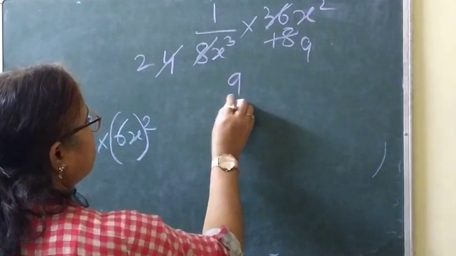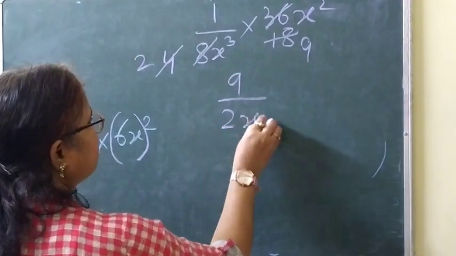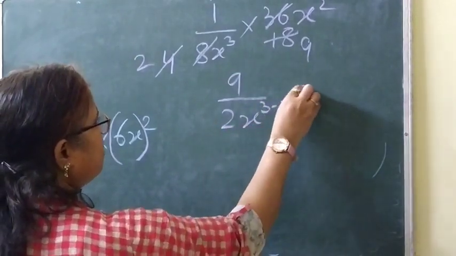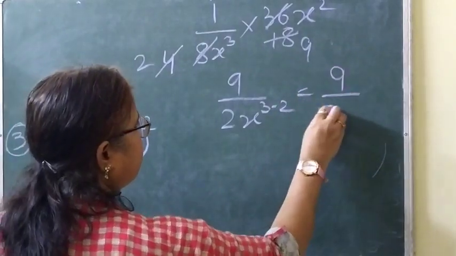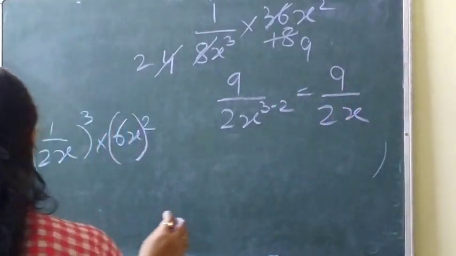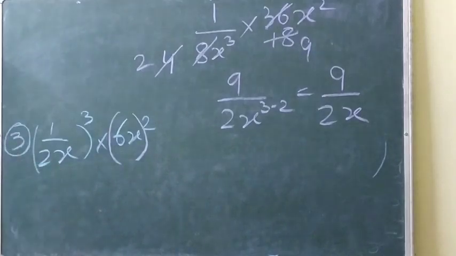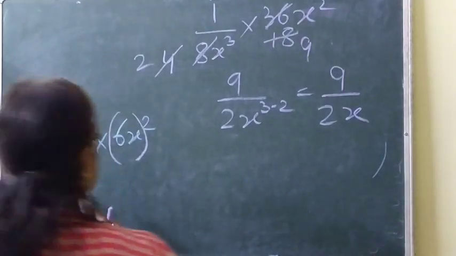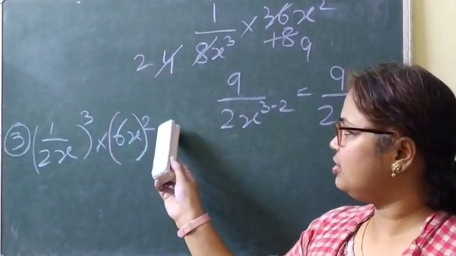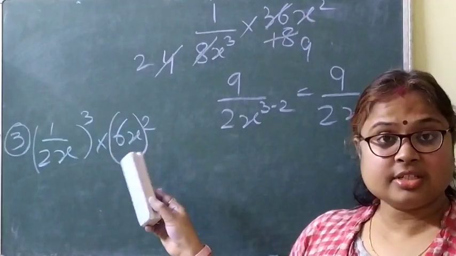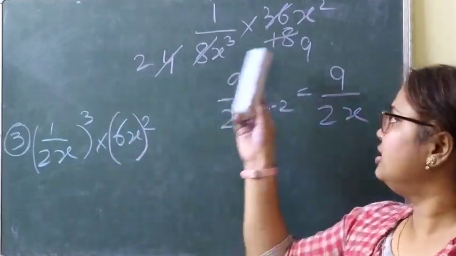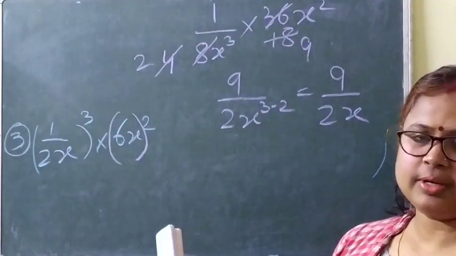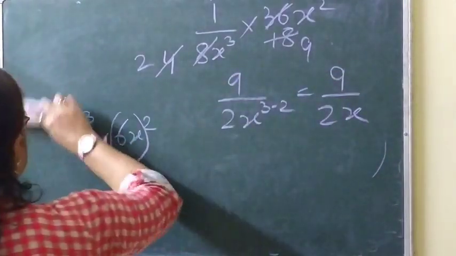So 9 by 2, x to the power 3 minus 2. So 9 by 2x. This will be the answer. Okay. So if the question is like this, clear? If in the question it is given as the square of 6x, then you will solve it like this. Okay. So now next.